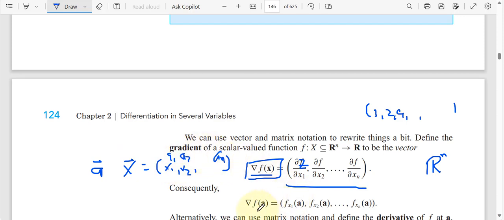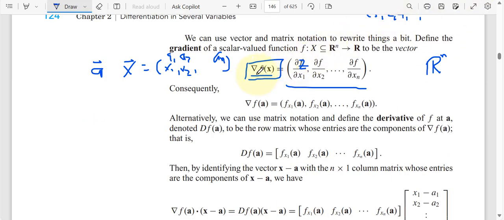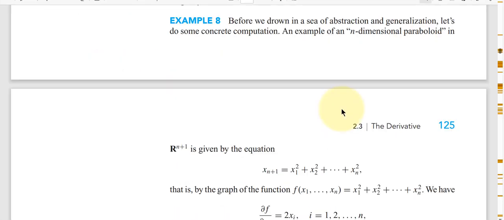So we want to know what this evaluates to when we put in a particular set of values a, into each of these pieces. So this is the gradient, which is a vector, and this is the gradient evaluated at a particular point in n-space.